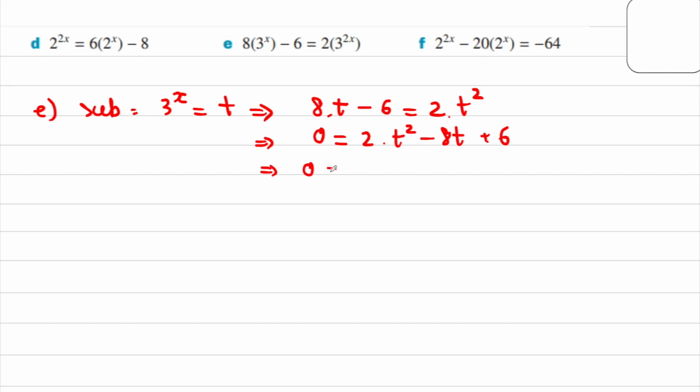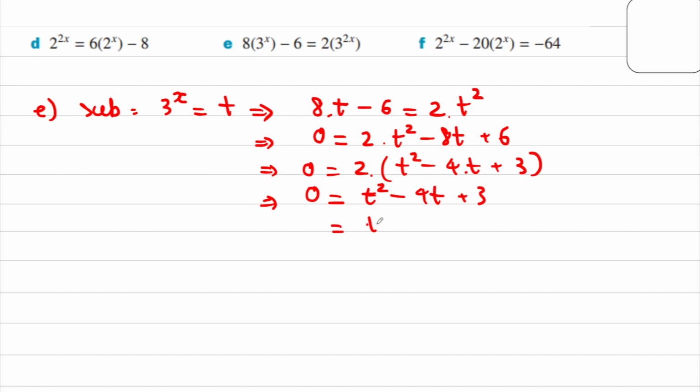And then factorizing, take 2 outside, t squared minus 4t plus 3, and this bracket multiplied by 2 equal to 0. So the next one, I don't need to care about 2 anymore. It has to be this bracket equal to 0.